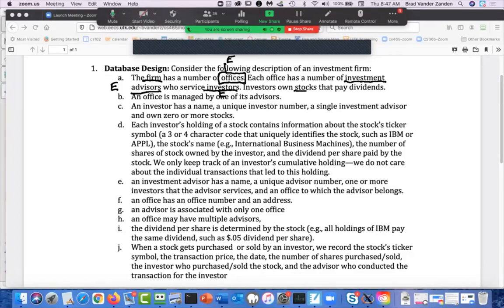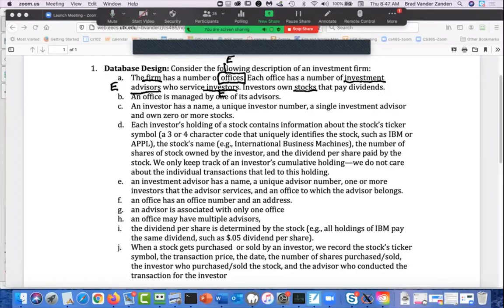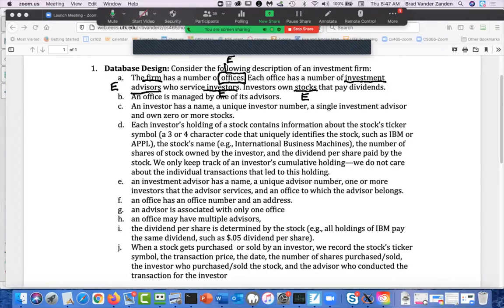Investors own stocks that pay dividends. Okay, now dividends, it turns out, is more like an attribute rather than an entity. So we'll get back to that, but this is really an attribute of a stock. It's associated with a stock, and we'll see in a moment a little bit more about that.